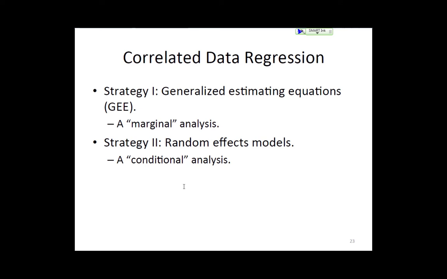You can also do correlated data regression with random effects. Maybe you've heard of random effects, maybe even used them. We'll talk about them in some detail. They're a little more difficult to interpret, but they are widely used depending on who's doing it. So we'll talk about distinguishing those two techniques.